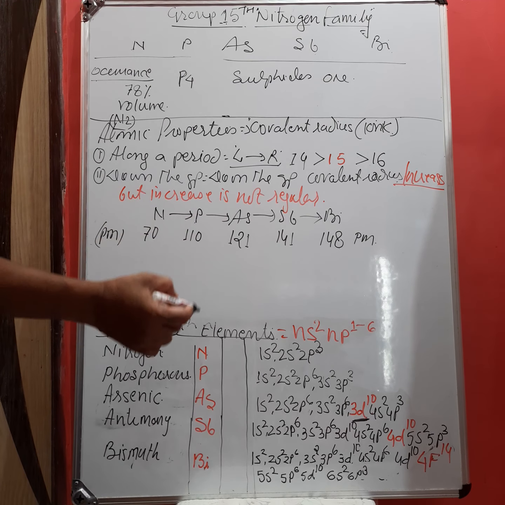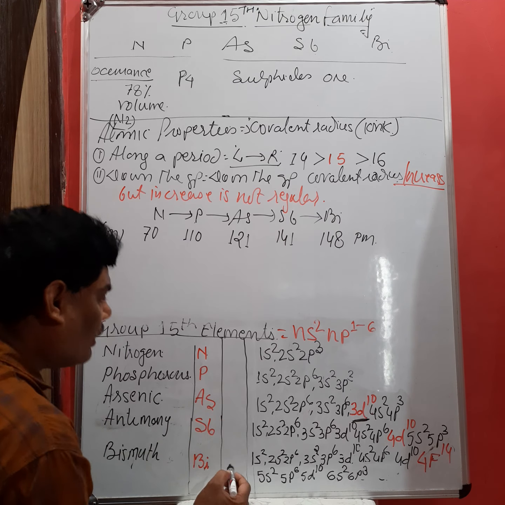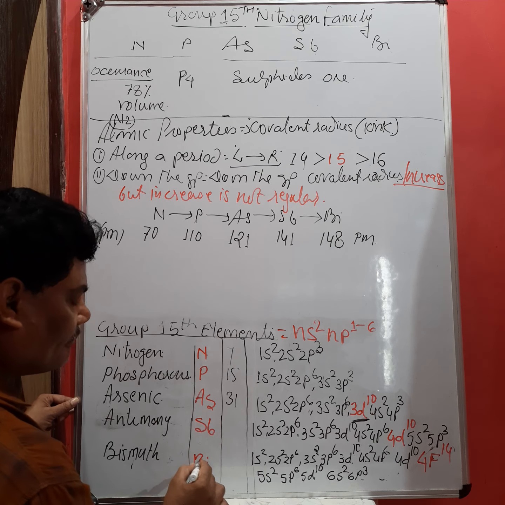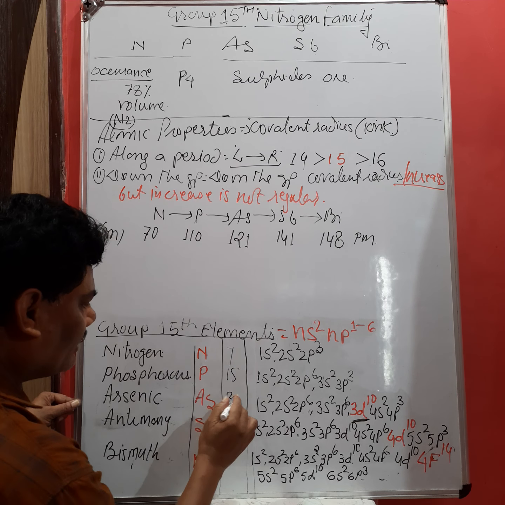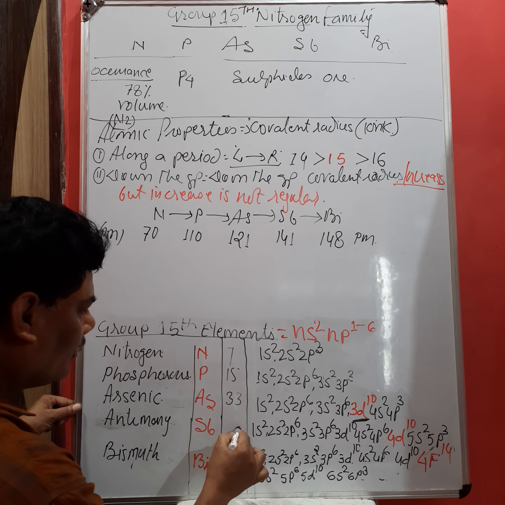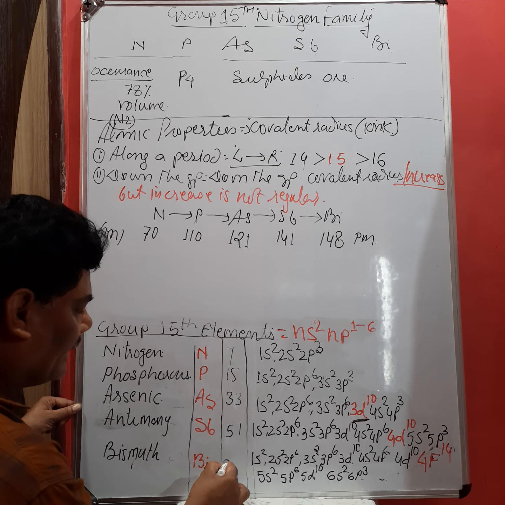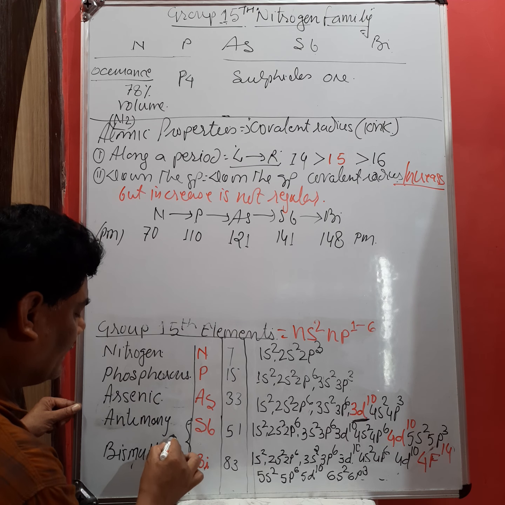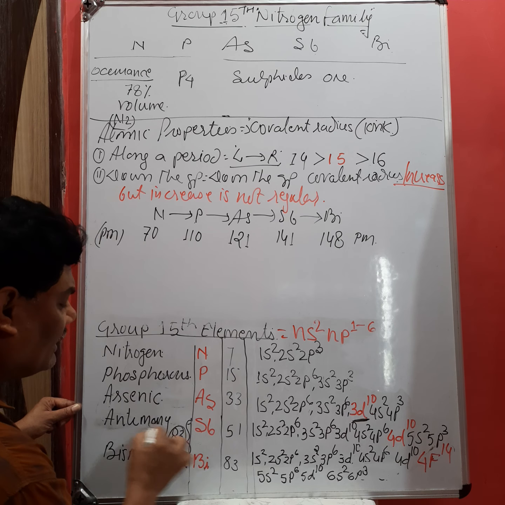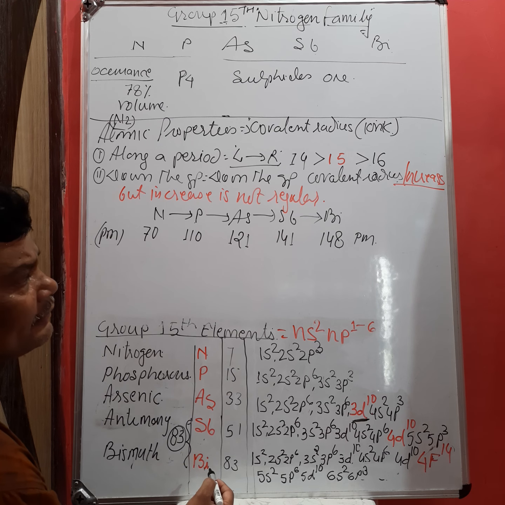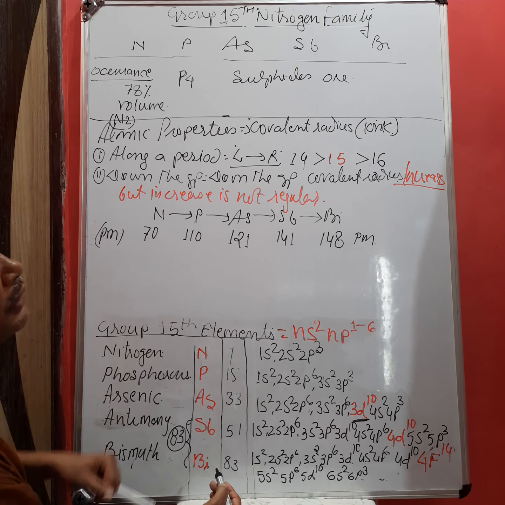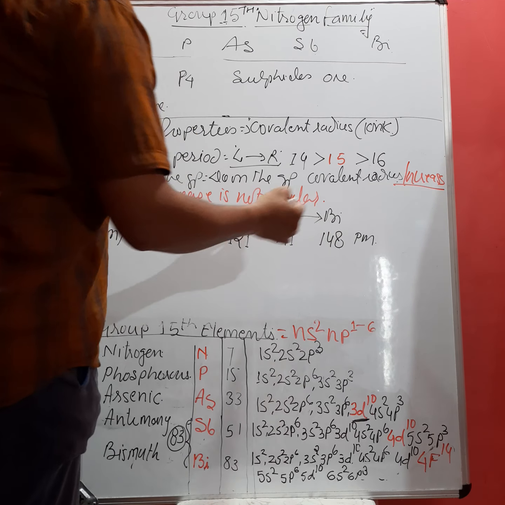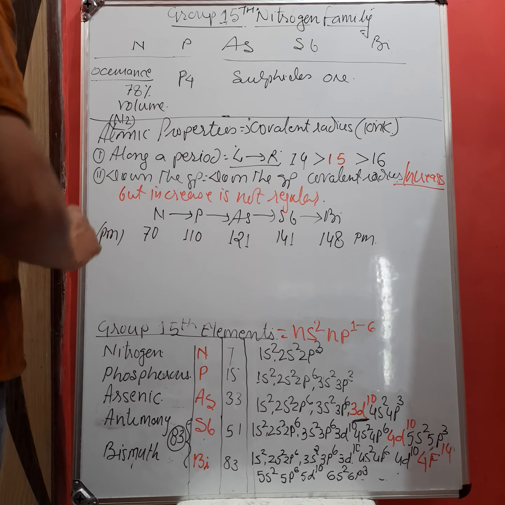It is because there is a sudden introduction of protons: 15, 33, 51, and now 83. Means the protons increase by 32, and these 32 protons increase the nuclear attraction force, and therefore there is very little increase in atomic size or covalent radius.